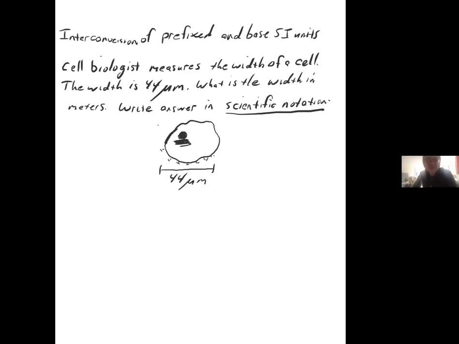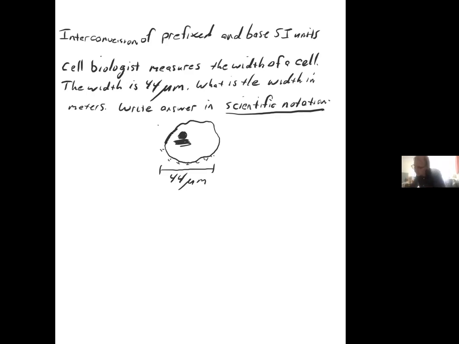So that's a size, right? A meter is a unit of length, so a micrometer is also a unit of length, right? Okay, and so essentially they're asking you to get rid of the prefix. Okay, just get rid of the prefix is really what they're asking.